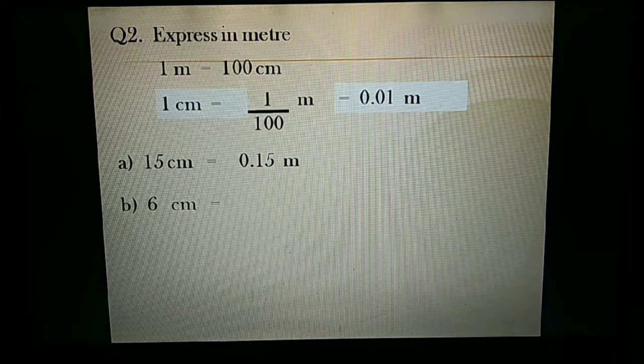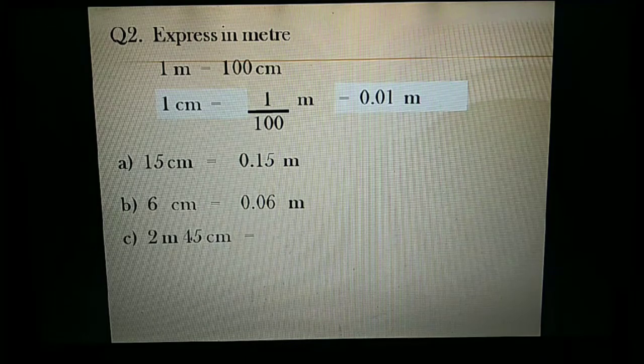Next is 6 centimeter. Again, by formula, put a point after two digits from the right. But there is only one digit. To make it 2, we will add zeros to the left. Adding zeros to the left of a whole number will not make any change.